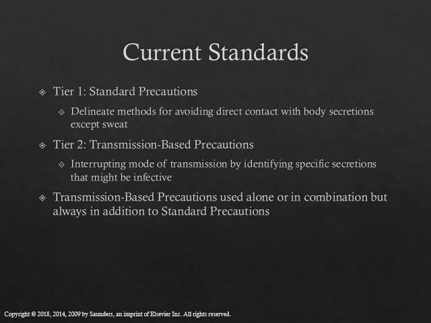Tier 2 is considered transmission-based precautions. And transmission-based precautions are interrupting mode of transmission by identifying specific secretions that might be infective. Transmission-based precautions we can use alone by themselves or in combination with just our regular standard precautions.